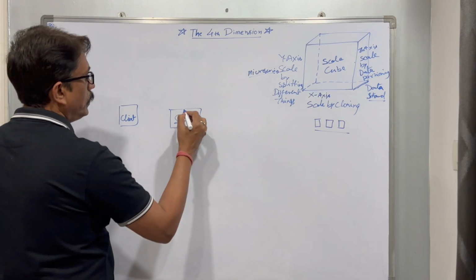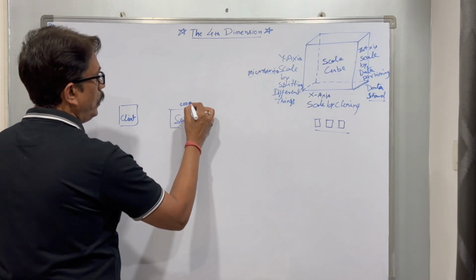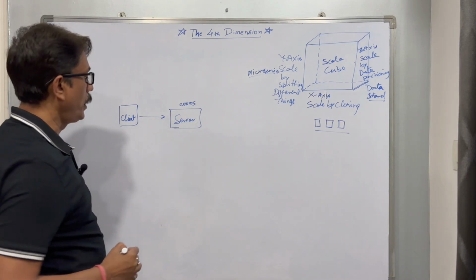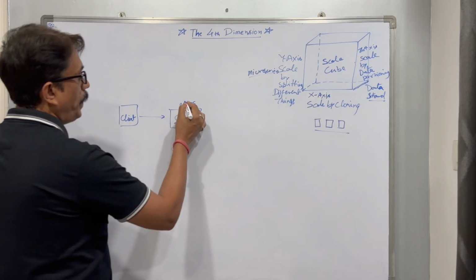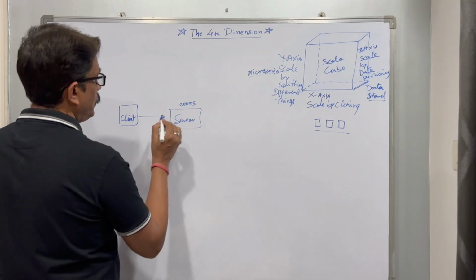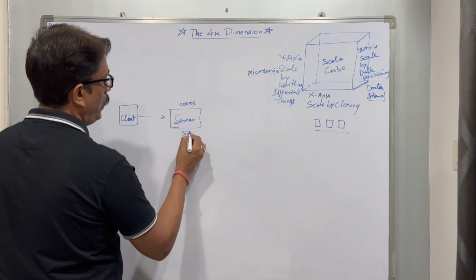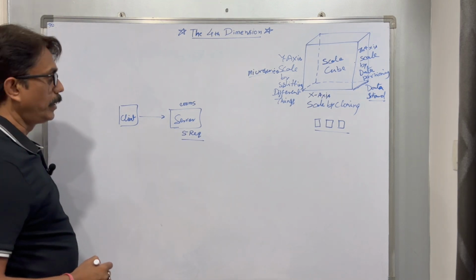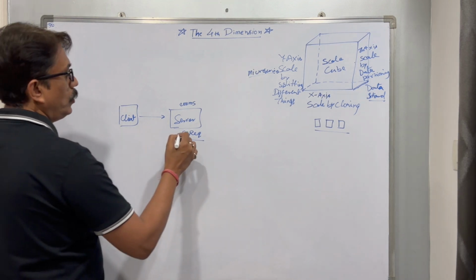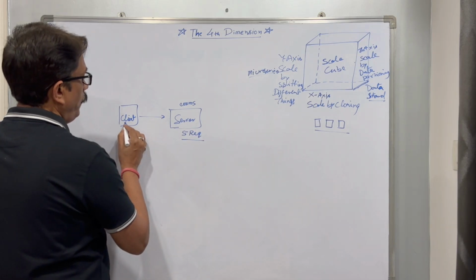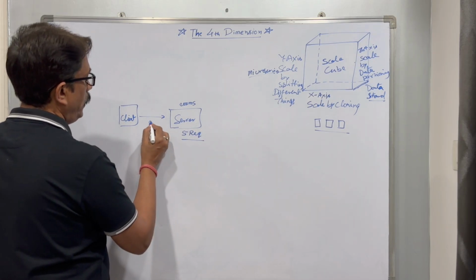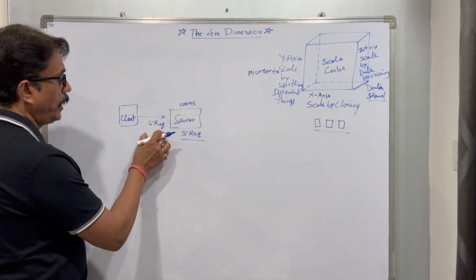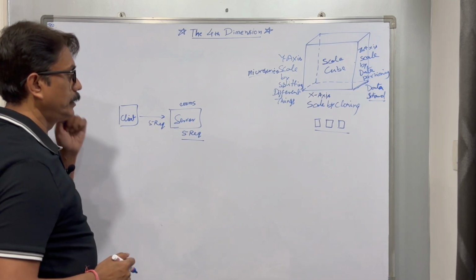Now think like this server takes 200 milliseconds to process a request, and this server can process only 5 requests at a time. So from client to server, if 5 requests are sent at a time, then this server can process them.